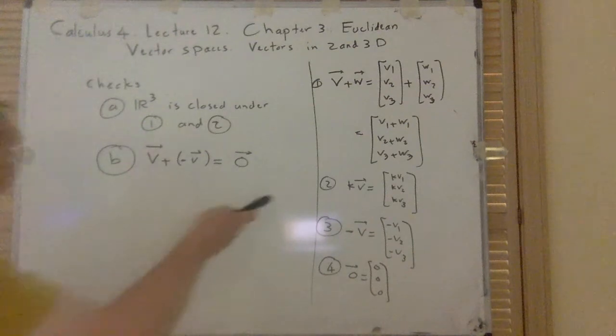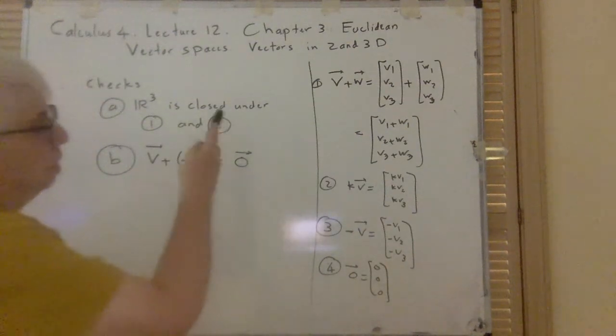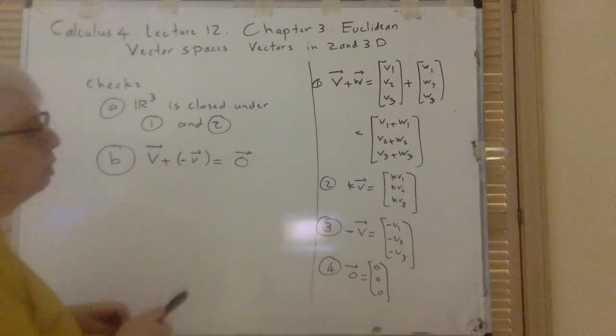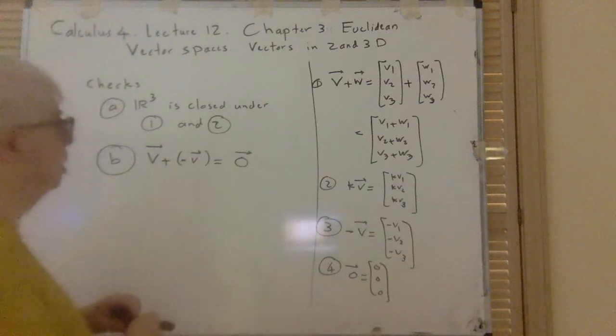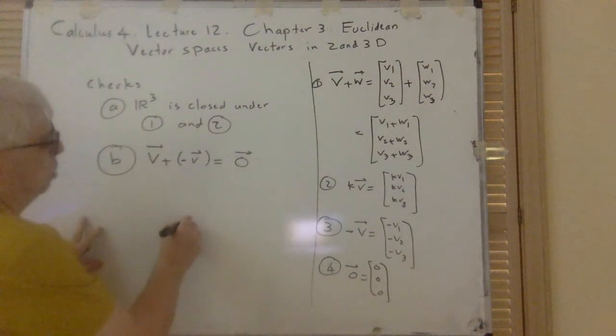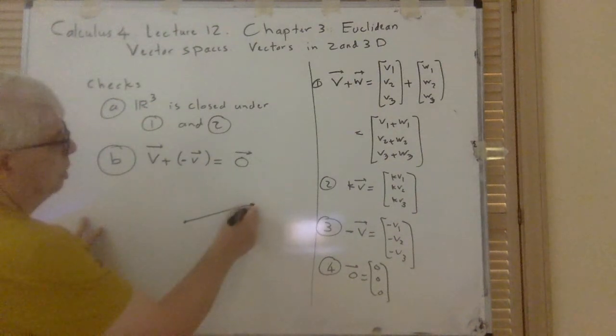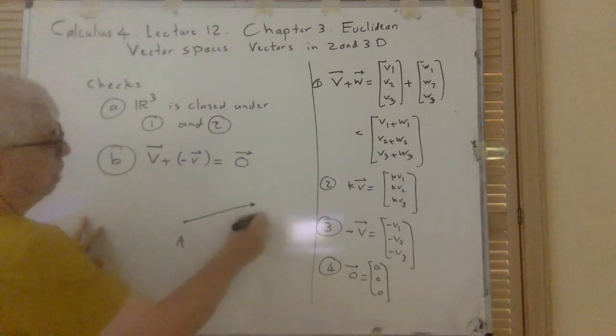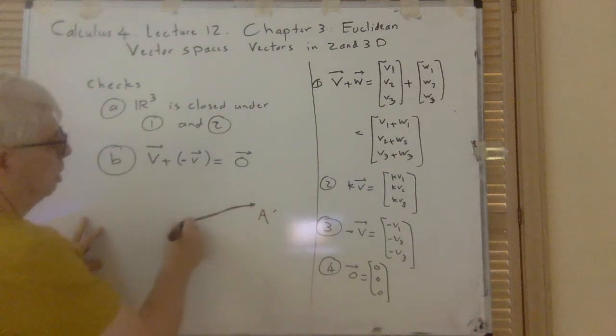Using this definition, v plus minus v is in fact this guy here. In vector notation, it's like going this way. So A goes to A prime and then comes back, A double prime.